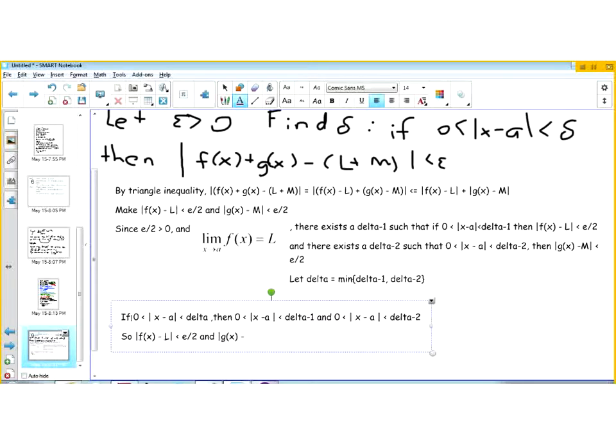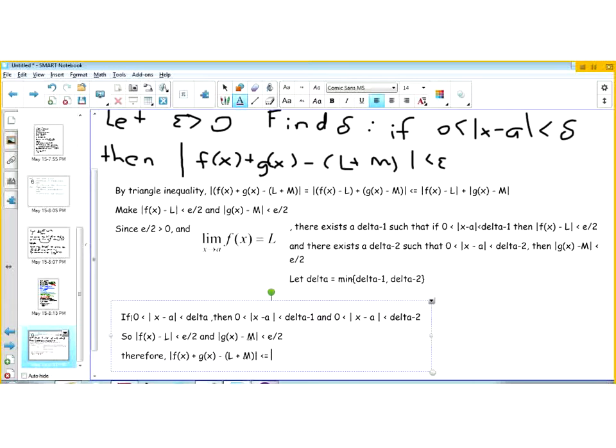As a result, the distance between the output of f and L is less than epsilon over 2, and the distance of the output of g from M for the given value of x is less than epsilon over 2. So we combine these two facts.